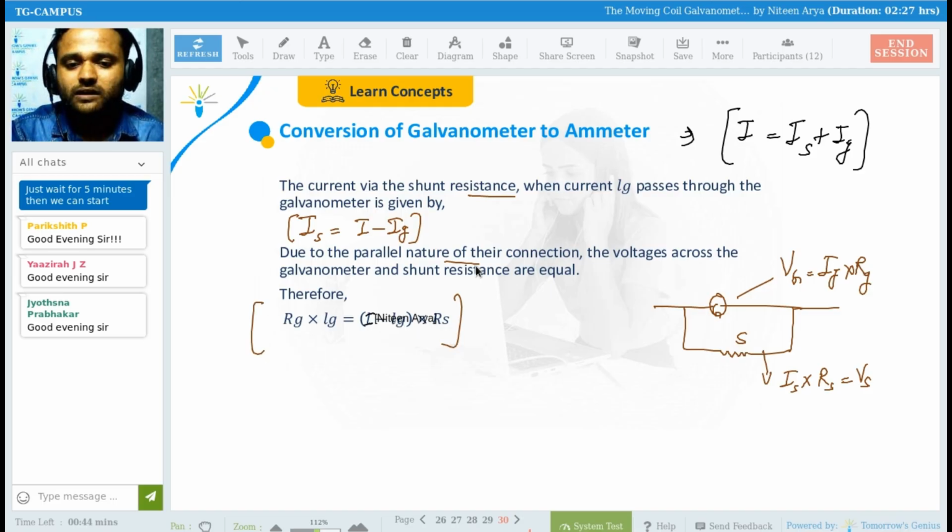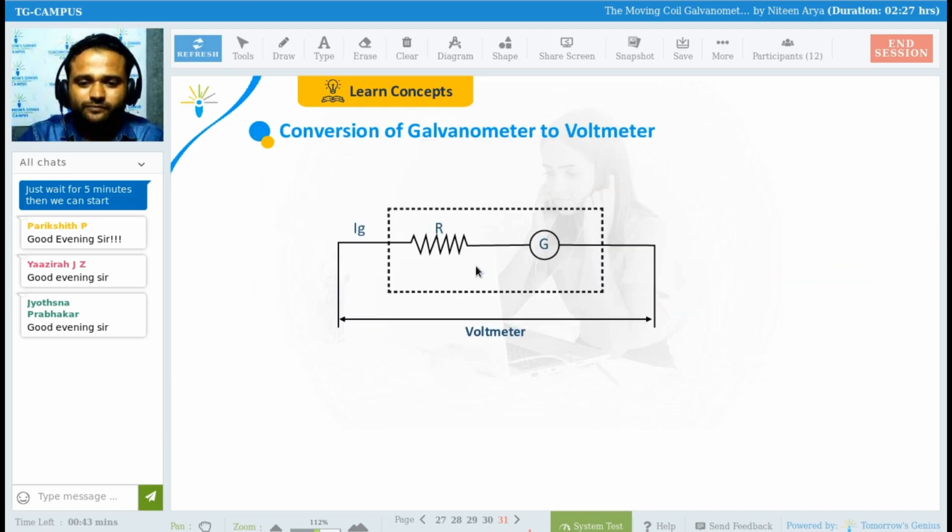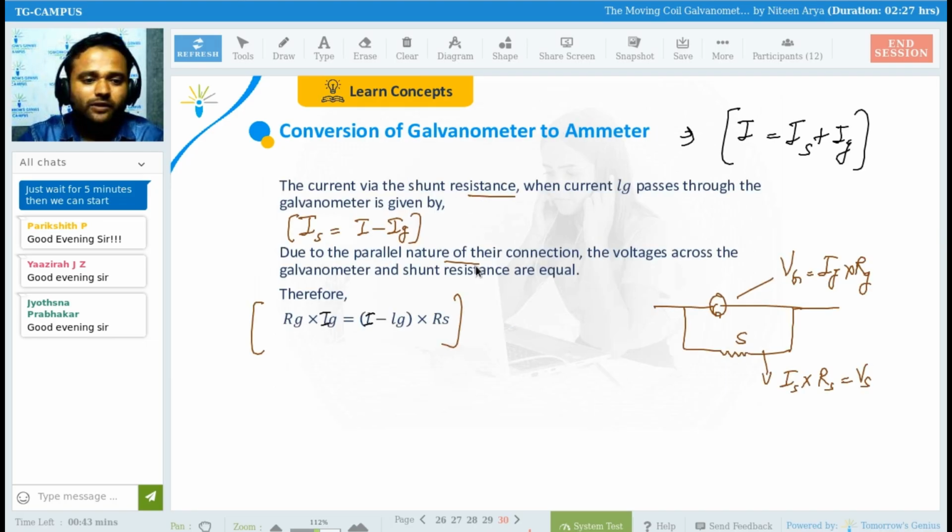Is this clear, everyone? We know this thing and we discussed this long ago, if you remember, in the electric current chapter. So we are just revising this. From here we can find so many things.